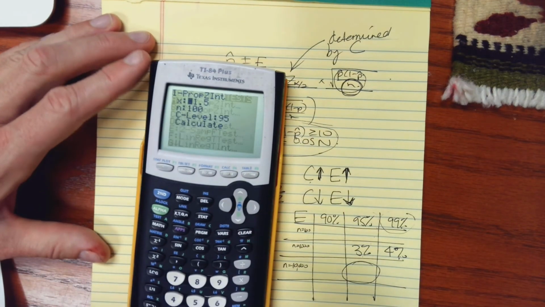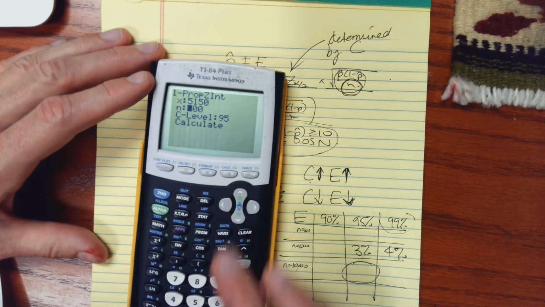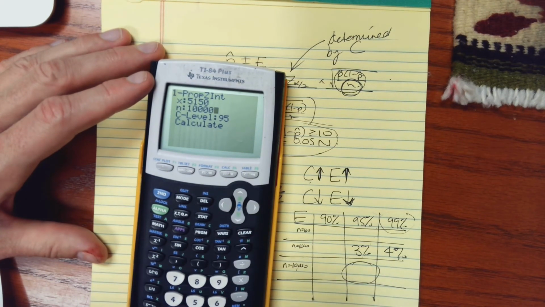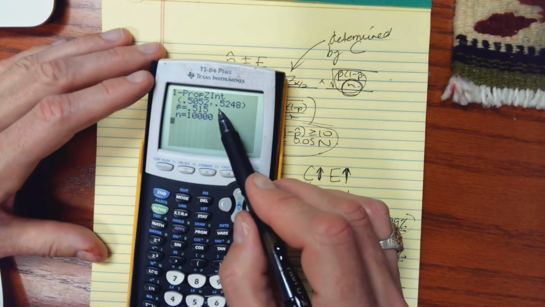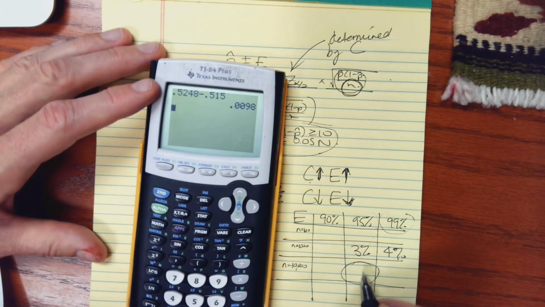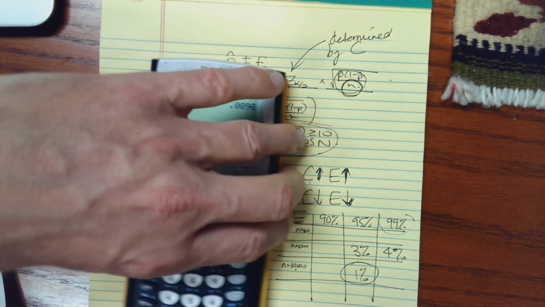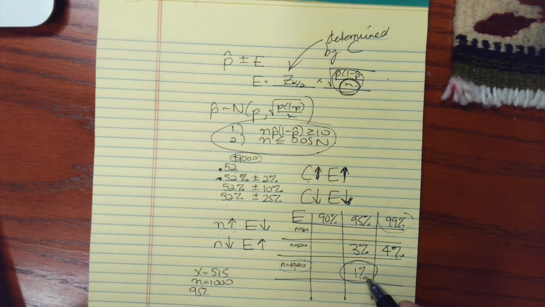So 1 proportion z, 5150 out of 10,000, and now I have 0.5248 minus 0.515, and so now I get about a 1% margin of error. So I made my sample size a lot bigger, and that brought down the margin of error to just 1%.